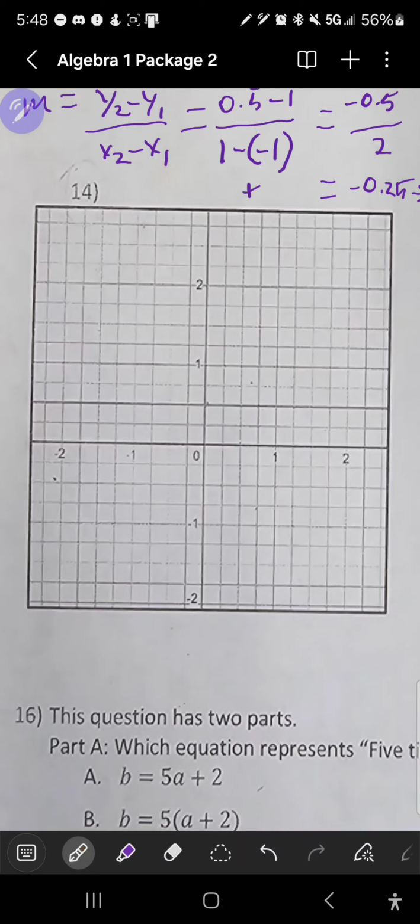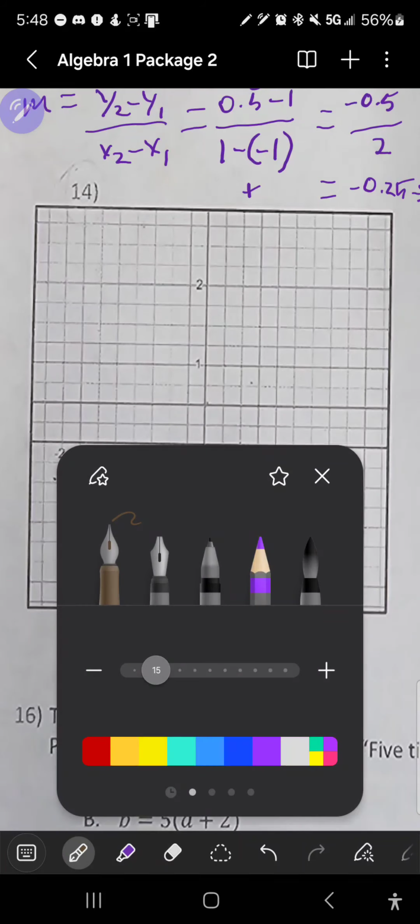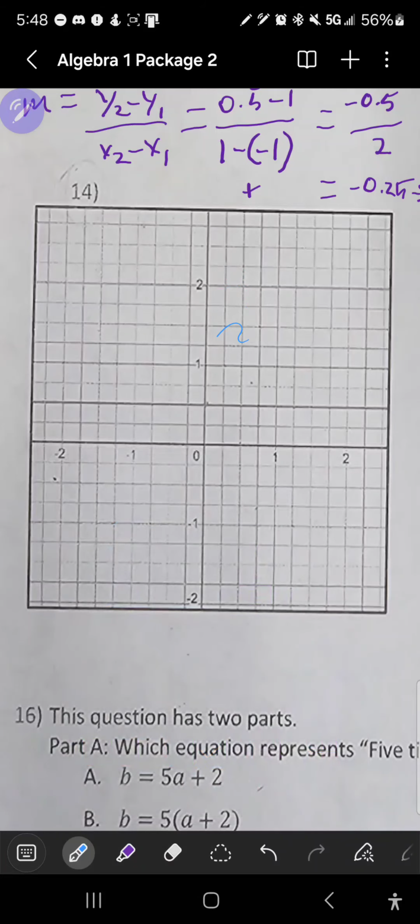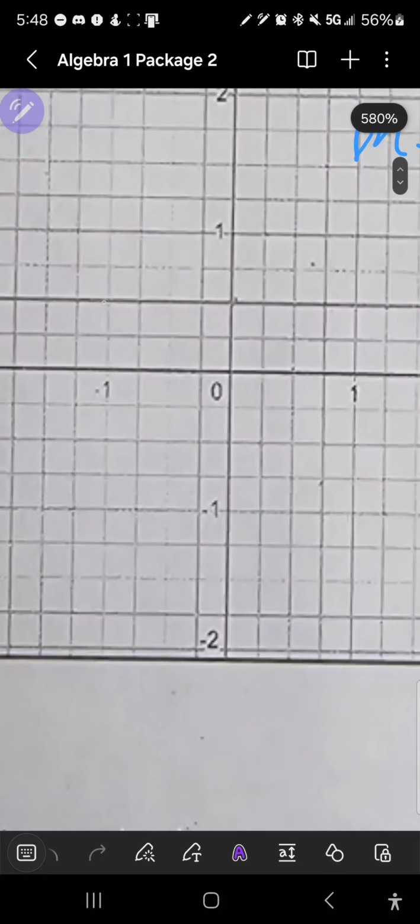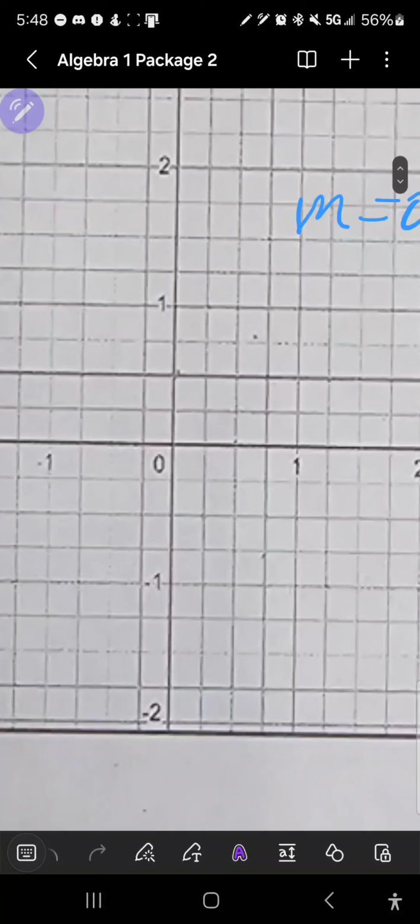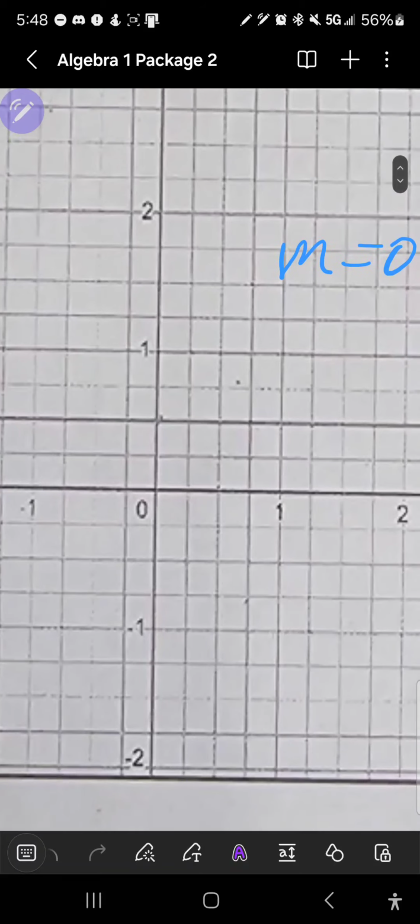This is just a flat line, so every time you see a flat line, it does not have a slope. So the slope here is 0. Since it's rise over run, the run is infinite, it's always going to the right or to the left, but it doesn't have rise, so it will be 0 over any number, which is always 0. So our slope is equal to 0.